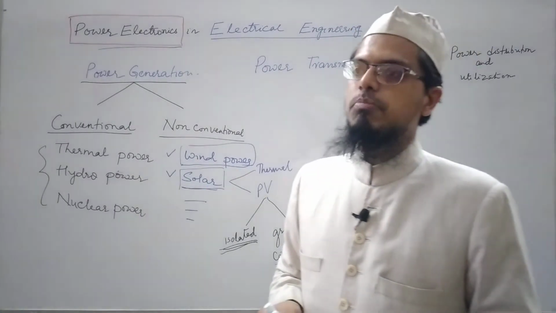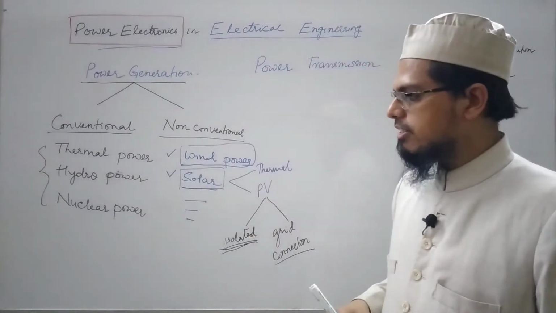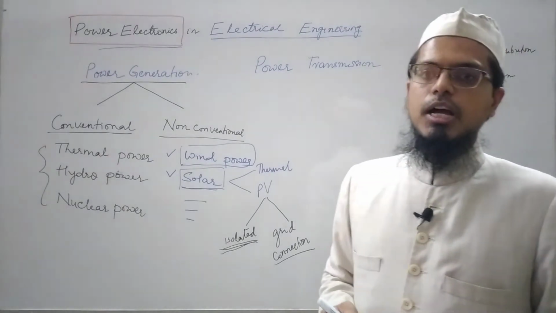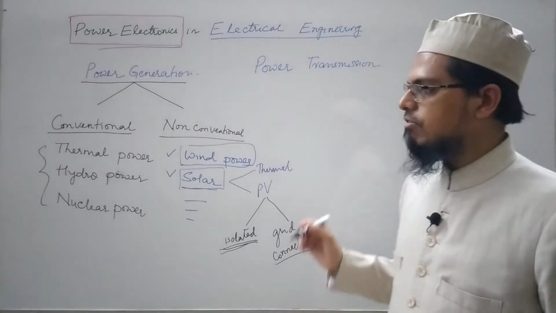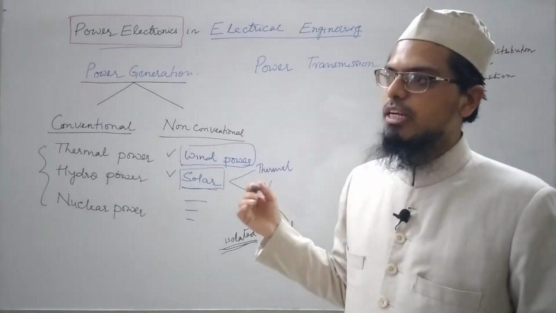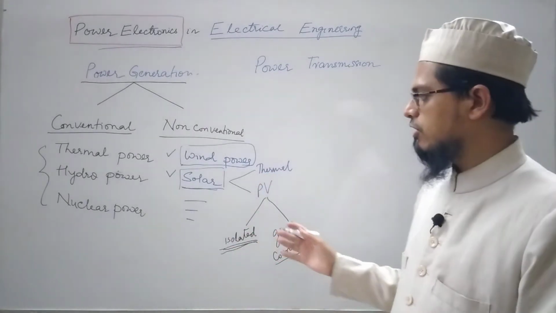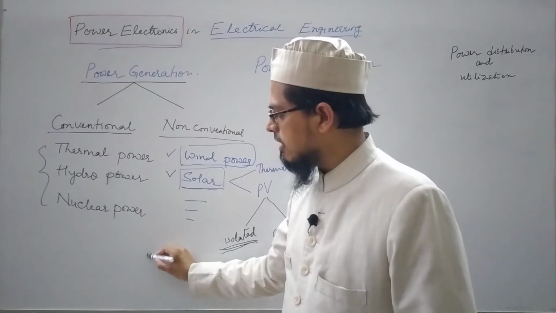So here comes the role of power electronics. The DC electricity generated by solar PV plants is converted into AC and then fed to the grid with the help of inverters. So let's see here.